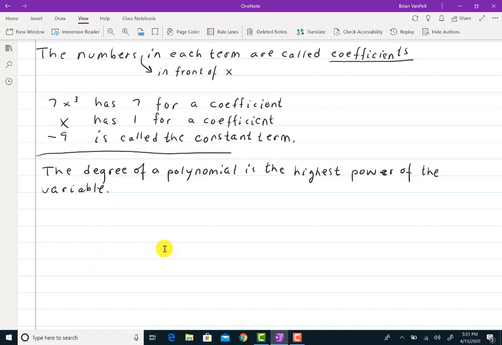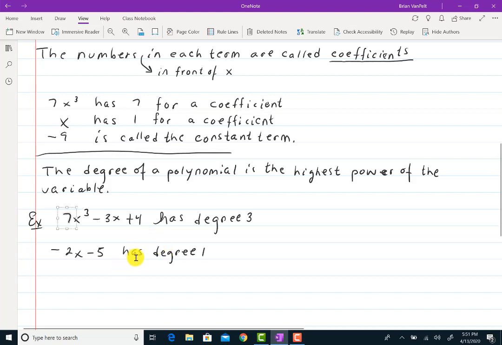So, as an example, 7x cubed minus 3x plus 4 has degree 3. Negative 2x minus 5 has degree 1. The highest power that you see for x here is equal to 1.